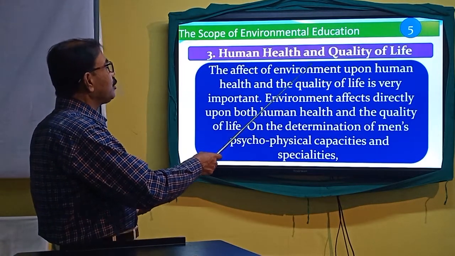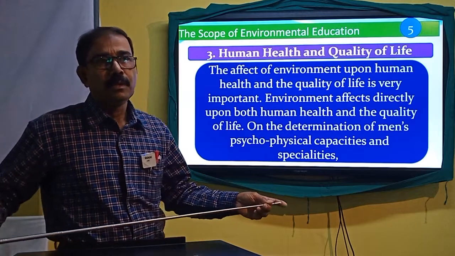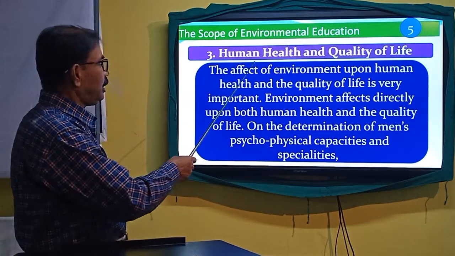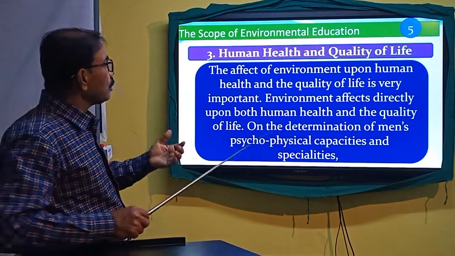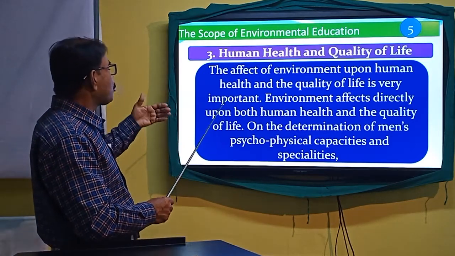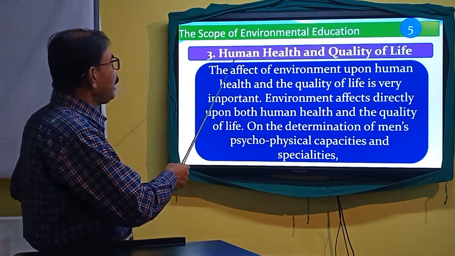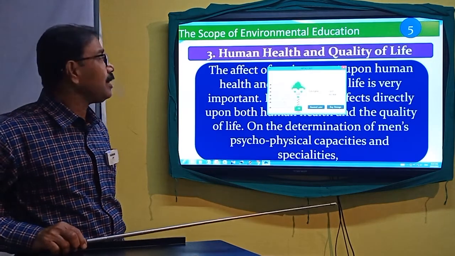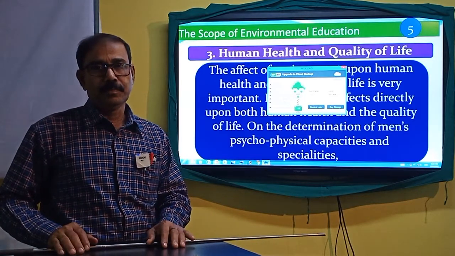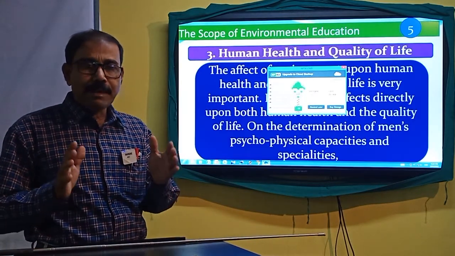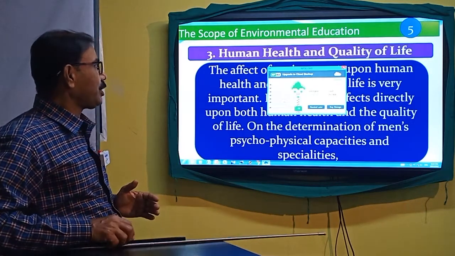Let us see the next slide. Human health and quality of life. Friends, this is point number 3, and today's class actually started from this point. Human health and quality of life is another most important area with which environmental education has close association.